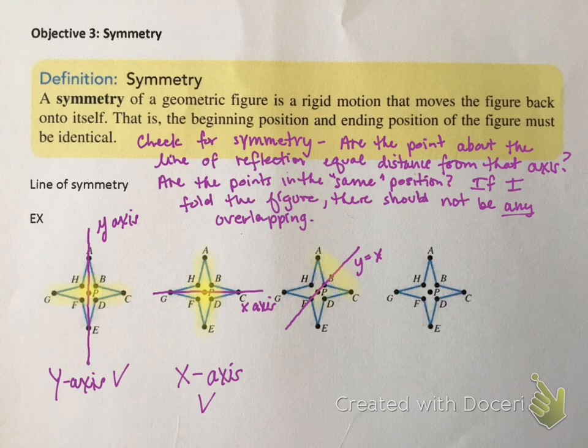Point D to point P is the same as point H to point P. And point E is the same distance as point G to the line y equals x. So we can claim this is symmetrical because if I fold it over this axis, it would fold upon itself and I would not have any overlap. So it is symmetrical about the line y equals x.